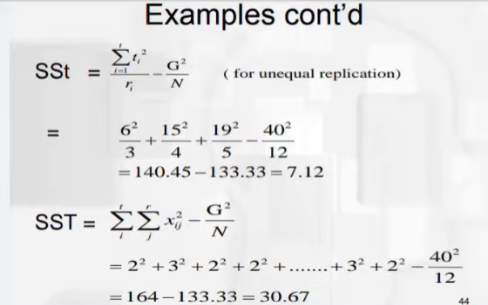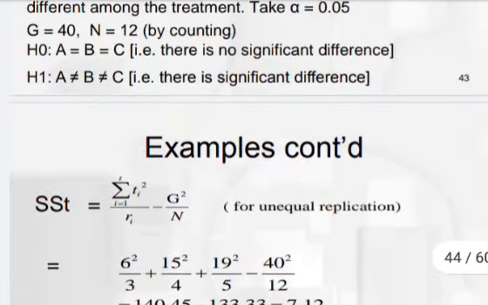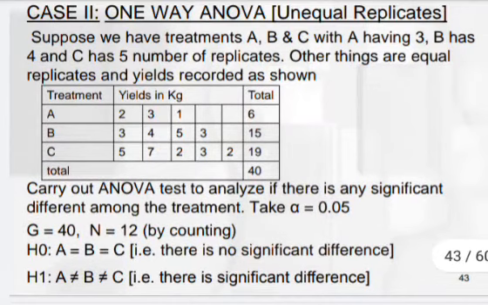Now the sum of squares total, as it is with the one-way ANOVA with equal replicates, remains the same. So you square each yield there. Look back, you can see 2 squared plus 3 squared plus 1 squared plus 3 squared, for B, 4 squared, 5 squared, 3 squared.